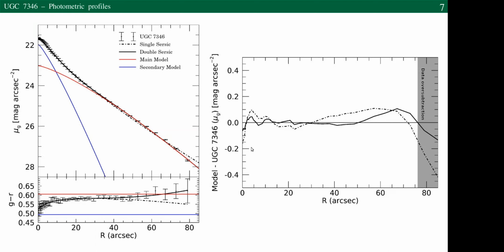As you can see, the double Sérsic model has cleaner residuals, although with some fluctuations that I will show later are due to some structure that the galaxy has. So we can conclude that the morphology of the galaxy is better explained by two different stellar components with distinctive colors.